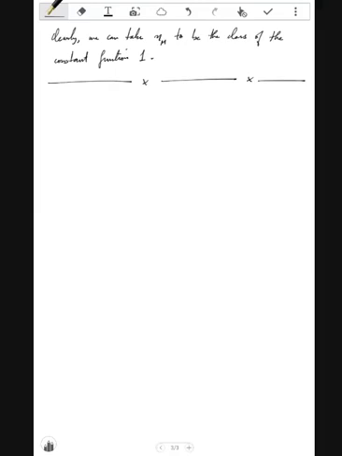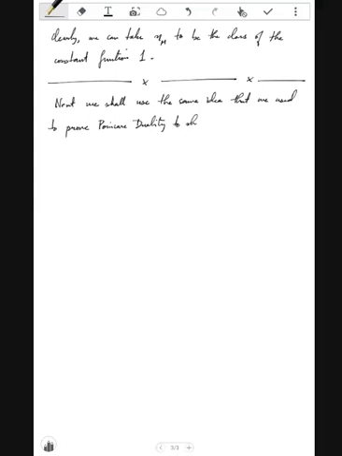So for now, next we shall use the same idea that we used to prove Poincare duality to show that the Kunneth formula holds.